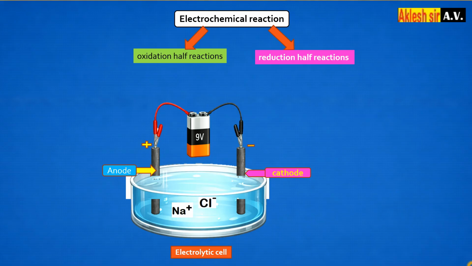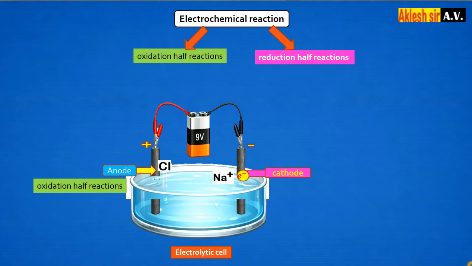Chloride ion moves towards anode and donates electron to form chlorine atom, and thus oxidation half reaction occurs at one electrode, that is at anode. Here electrons are pushed towards another electrode, that is from anode to cathode. Then sodium ion moves towards cathode and accepts electron from cathode to form sodium atom, and thus reduction half reaction occurs at one electrode, that is at cathode.